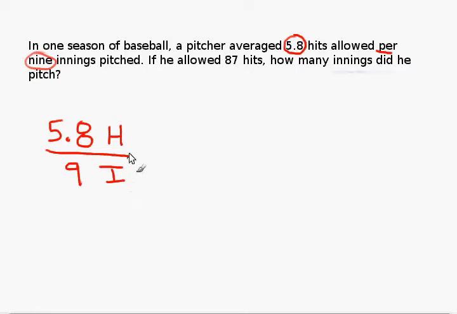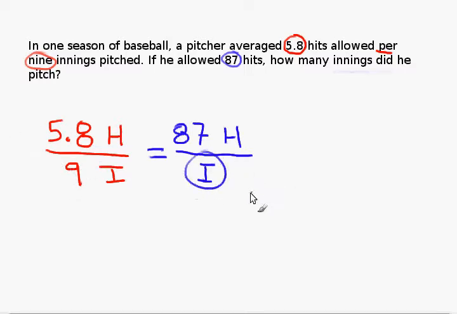Alright, if he allowed 87 hits, we're going to use a proportion to solve this. We've got more than just the 5.8 hits, so we should be able to set up a proportion using 87 hits and see how many innings he pitched. 87 hits, how many innings did he pitch? And this is what we're looking for right here.